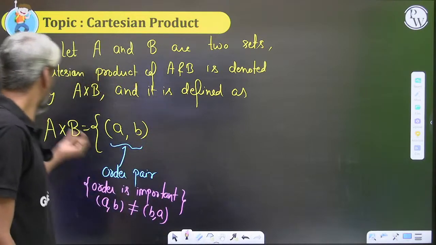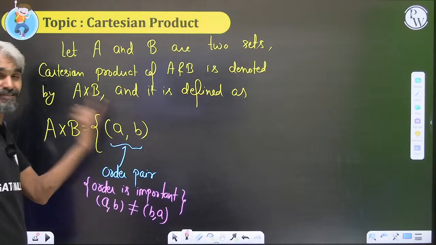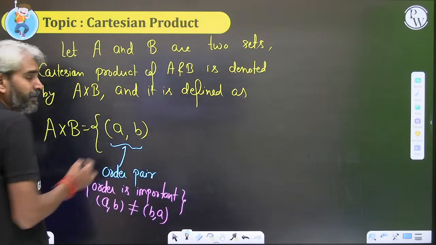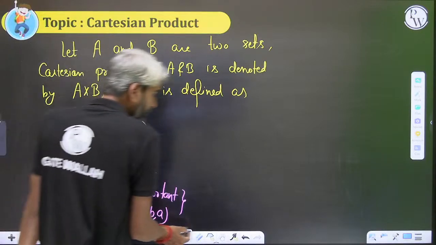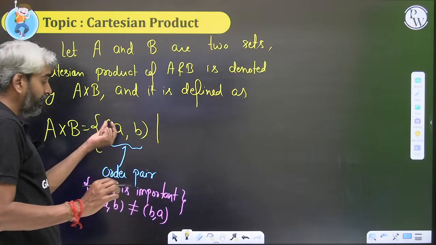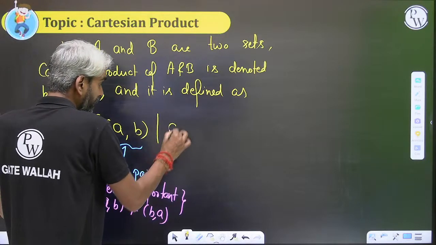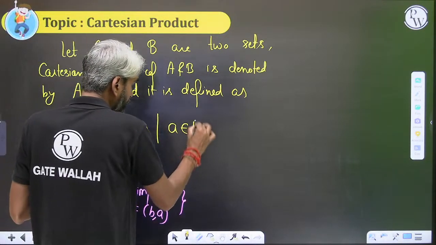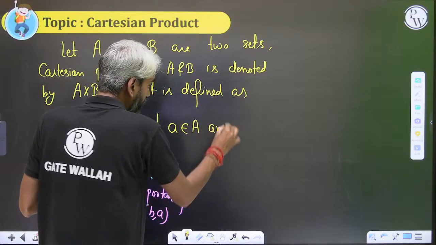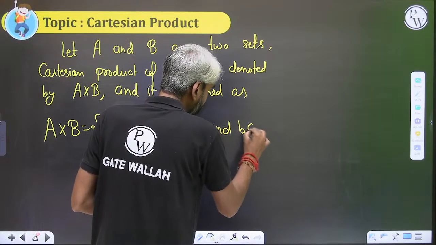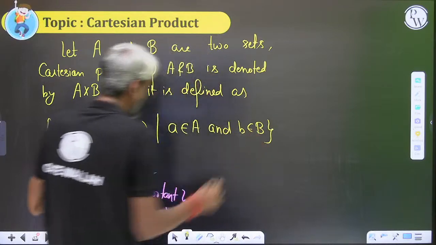Clear? So what is A cross B? A cross B is a set of ordered pairs in which the first element belongs to the first set, a belongs to set A, and the second element, b, belongs to the second set, b belongs to set B.